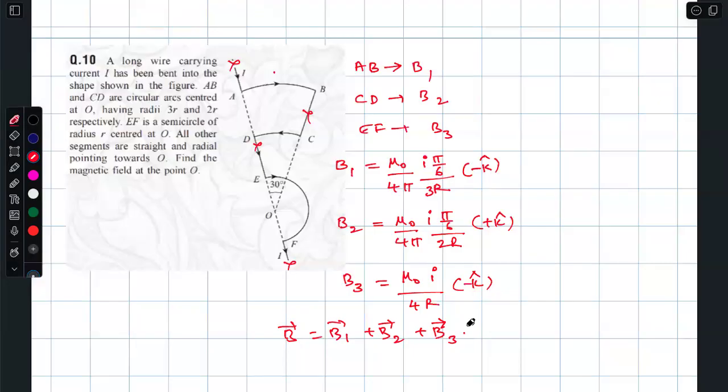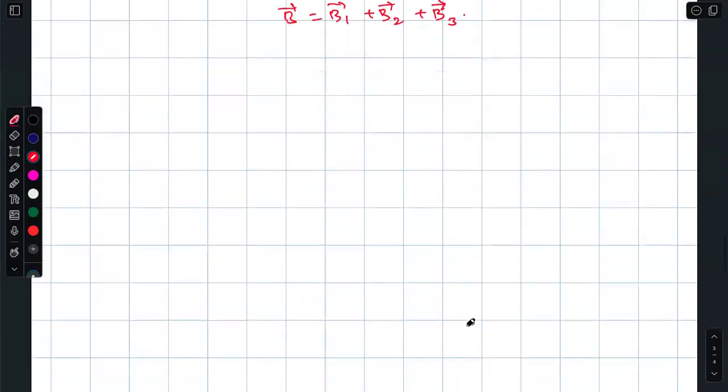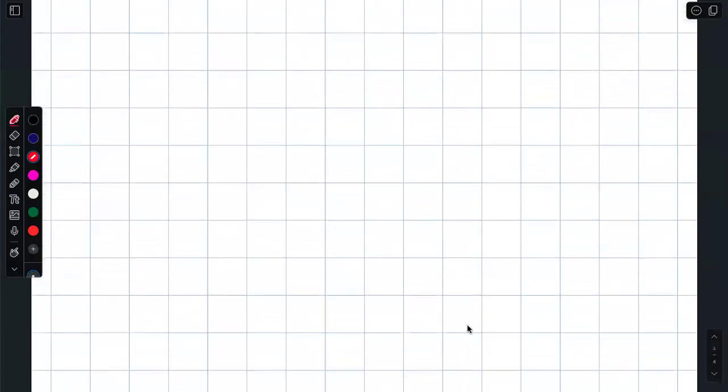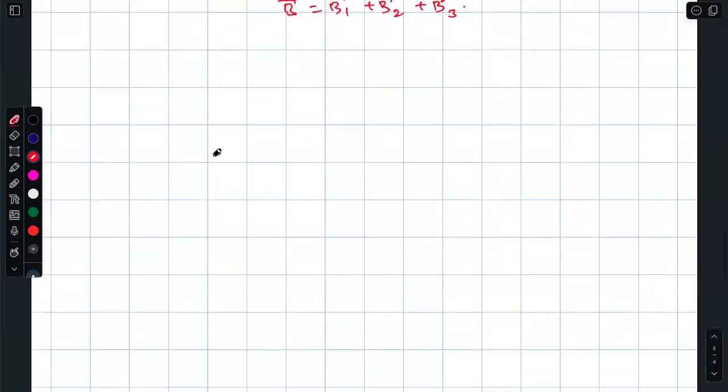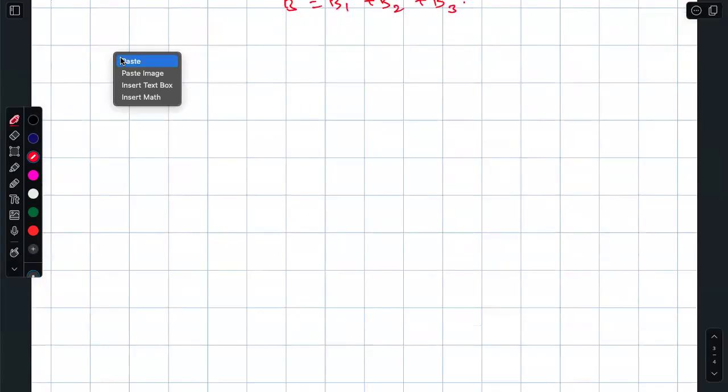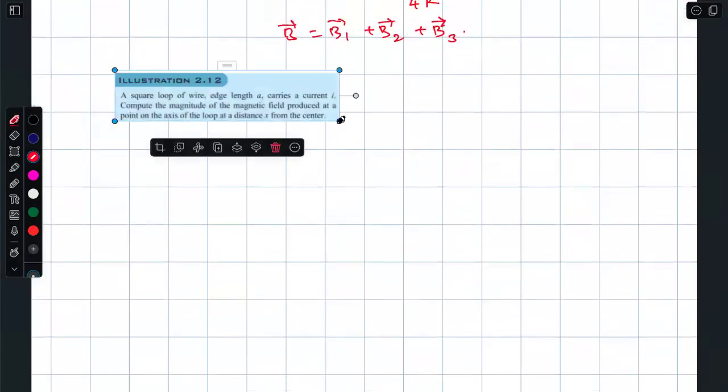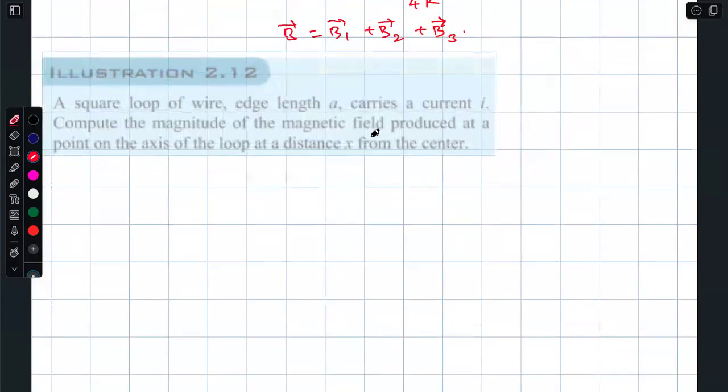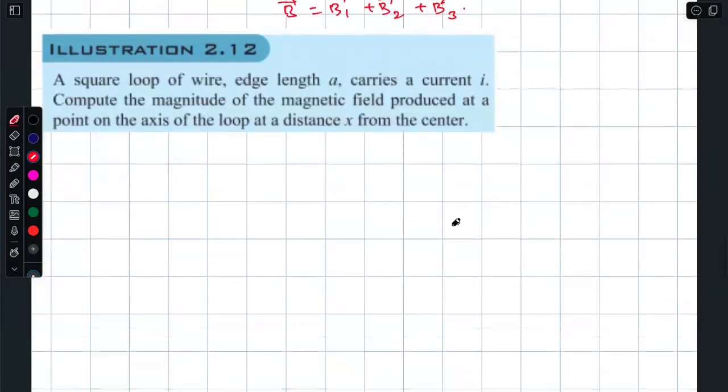Next. Next question is the one which we already know. This one. This is the one which, okay, and the diagram.